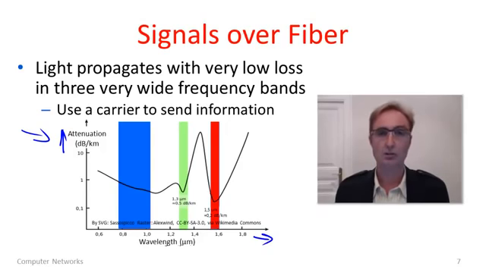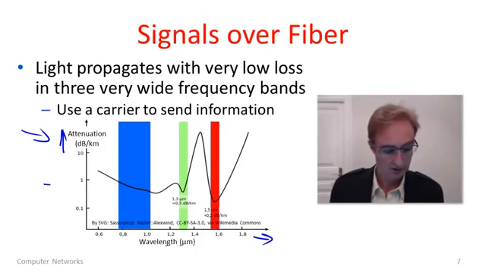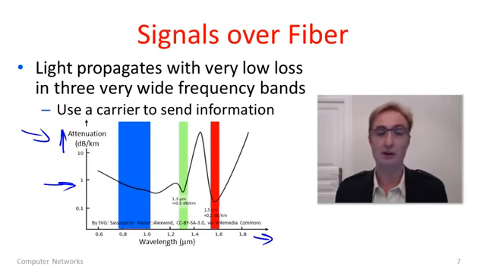And you can see here two properties of fiber which make it very interesting to carry signals. First is the low attenuation. Attenuation there is given in decibels per kilometer, but basically the attenuation is very low. And this means that you can send signals a long way through fiber before they're greatly attenuated, many miles, up to 100 miles maybe.